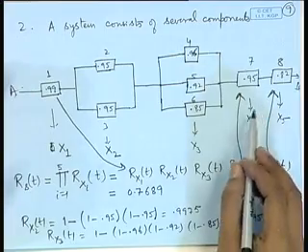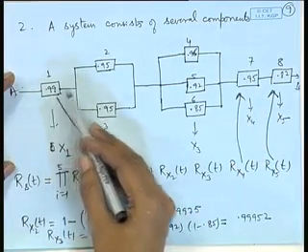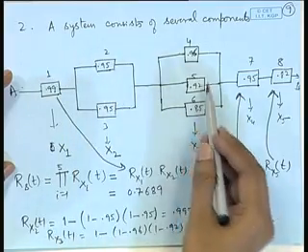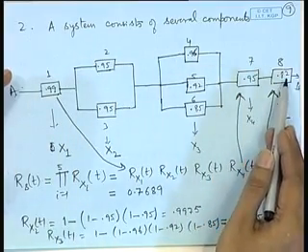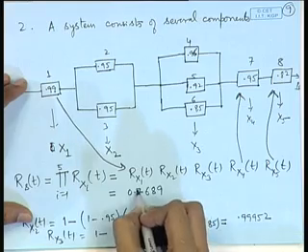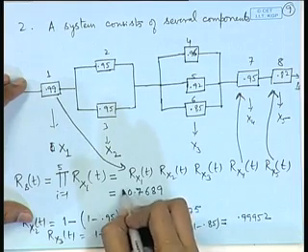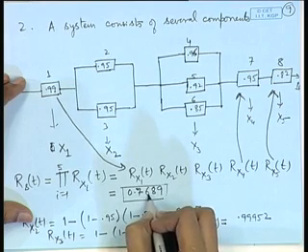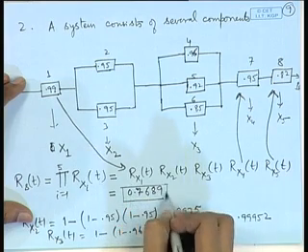One more thing we should notice here: the reliabilities of the individual systems are quite high, for example 0.99, 0.95, 0.82, etc. But the reliability of the compound system is 0.7689, which is much smaller.